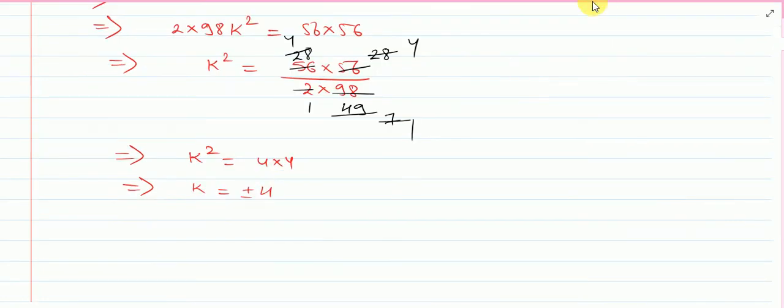So the quadratic equations will have a common root for k equal to 4 or minus 4. So this is the answer.